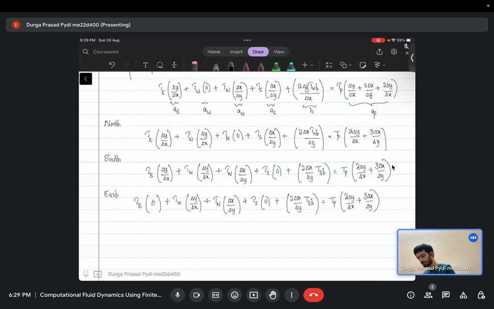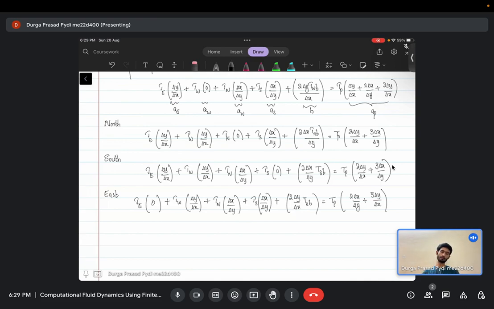Your west will be here, and your south will essentially have the same coefficient, delta x by delta y. Now since it is an east one, the constant term will be in terms of the east boundary, so you have 2 delta y by delta x times east boundary value, and your TP coefficient will also change. So now you have 2 times delta x by delta y coming from north and south, and 3 times delta y over delta x coming from east and west.